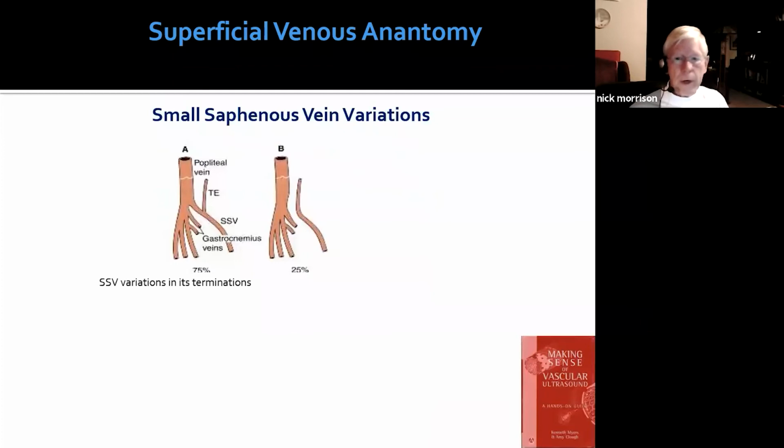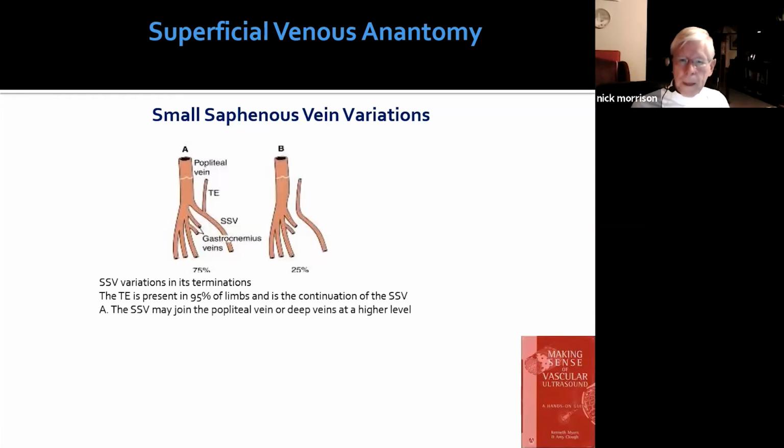There are lots of variations with a small saphenous vein. 75% of the time it will join someplace into the deep system, but 25% of the time it'll cruise on up into the pelvis or well up into the thigh or buttocks. Small saphenous vein may join again the popliteal vein or the deep veins at a higher level.